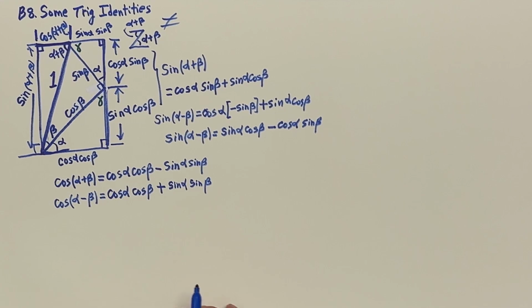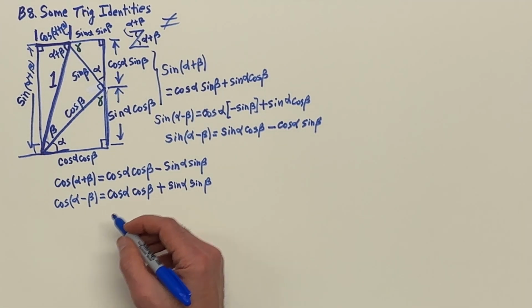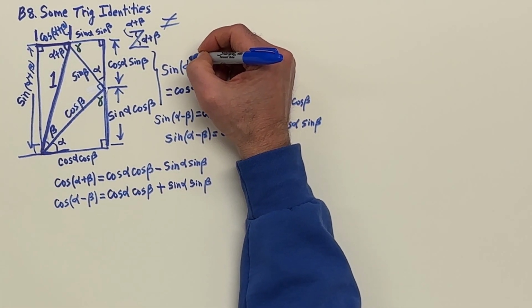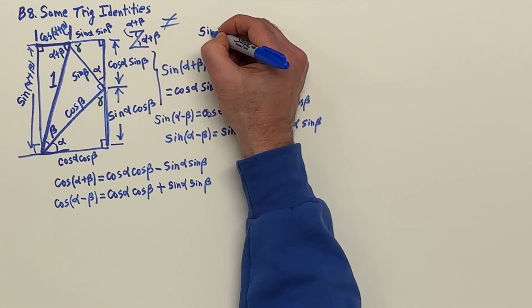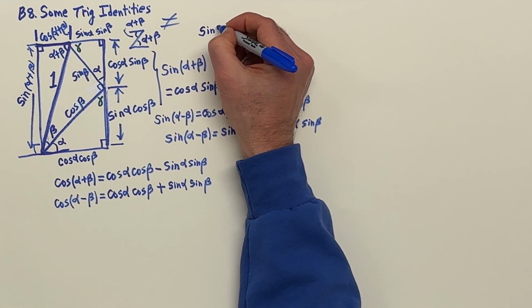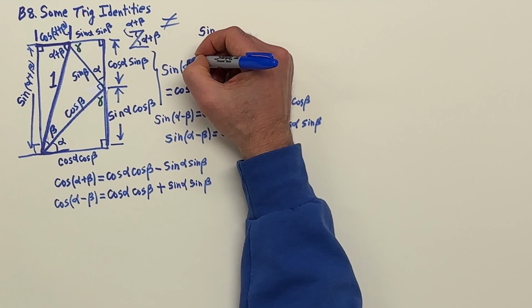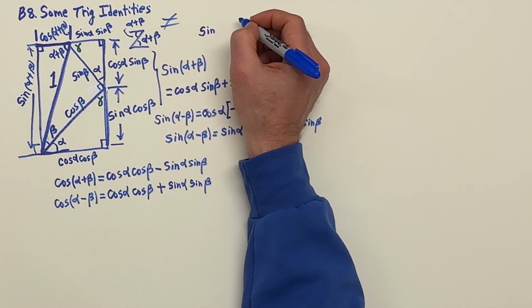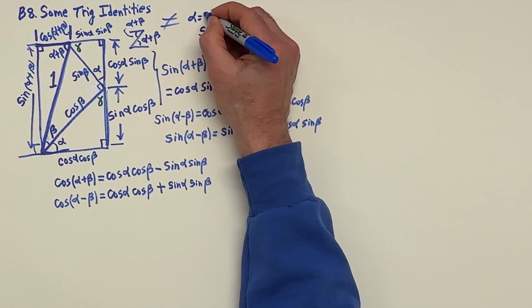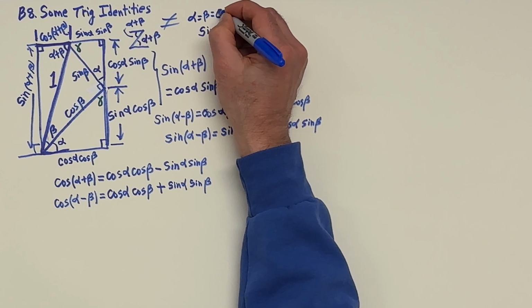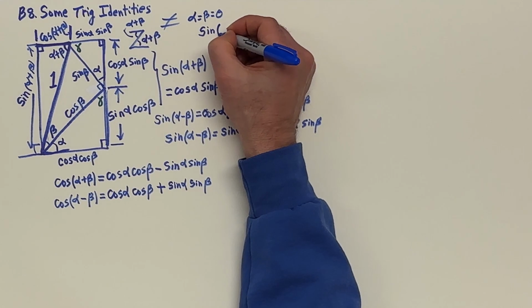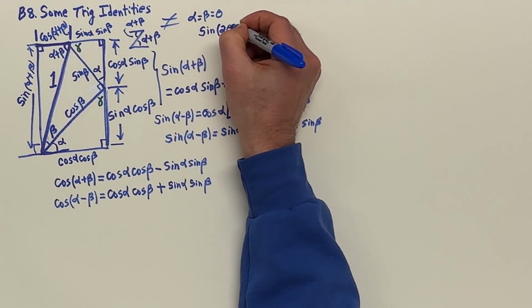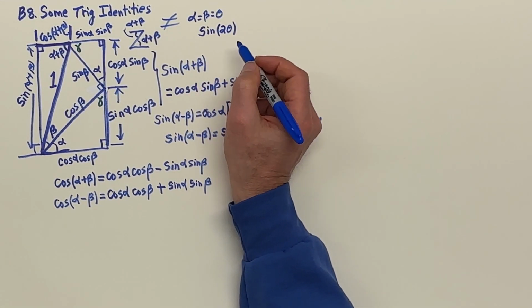There's one here that's really cool, and that is to take alpha equal to beta. Let's take the case alpha equal beta equal theta. So we'll write this as the sine of 2 theta, because each one of these is a theta.